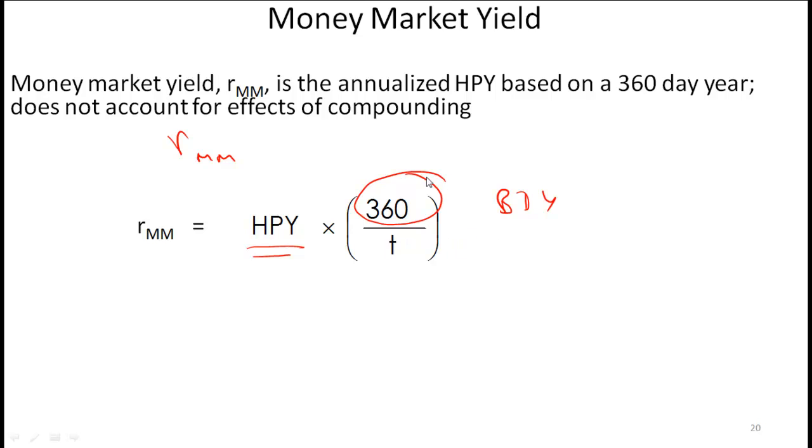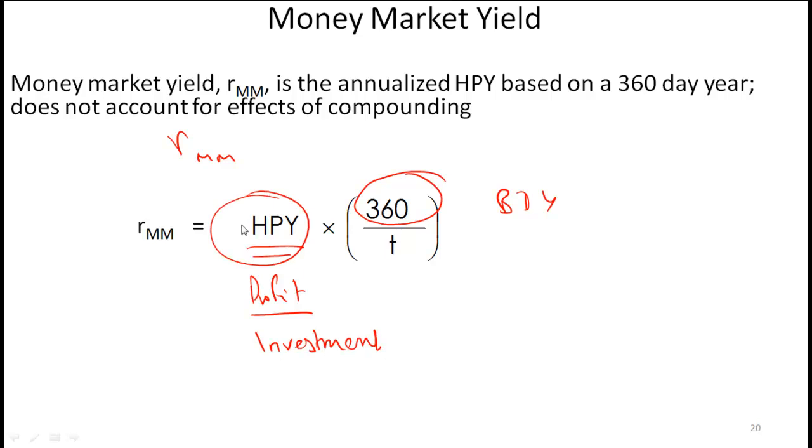Like the bank discount yield, it's using simple interest, so we are simply multiplying by 360 over T. But unlike the bank discount yield, we use the holding period yield. So holding period yield is based on your profit divided by your initial investment.